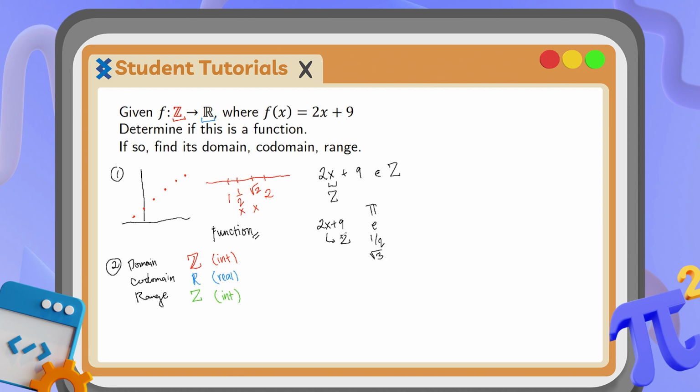So hopefully that clears up the difference between codomain and range. To review once more, codomain is where your output could belong to. It's basically the set where all your possible outputs could belong to.